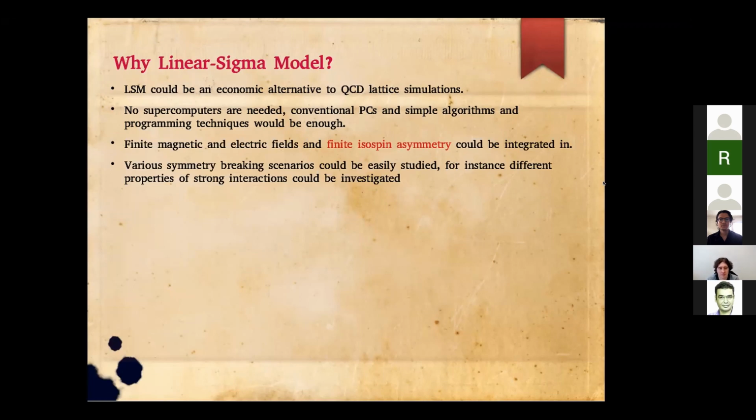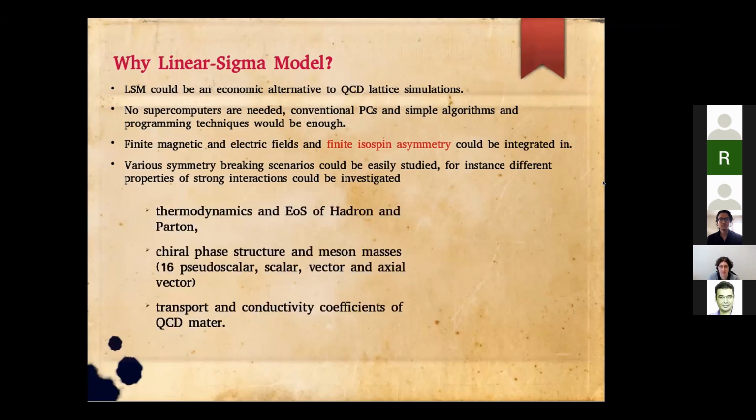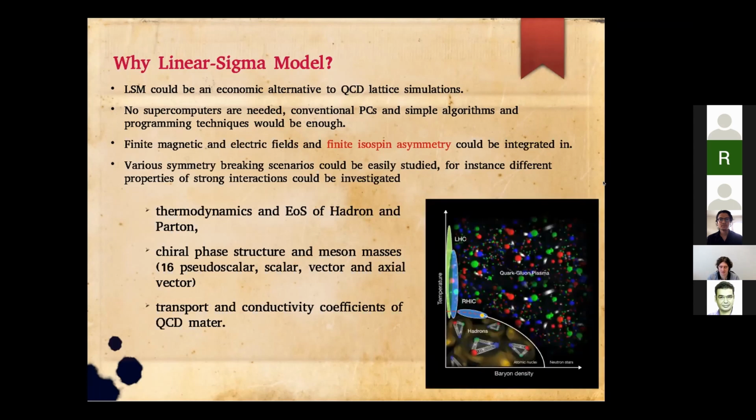For instance, different properties of strong interactions, the confinement state of hadron and parton matter, the chiral phase structure, and the meson masses. We have already studied up to 16 pseudoscalar, scalar, vector and axial vector mesons using this model. And we have studied the transport and the conductivity properties of the QCD matter using this model.